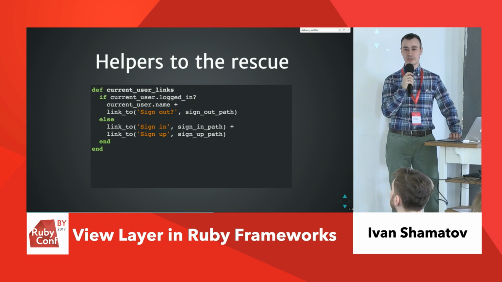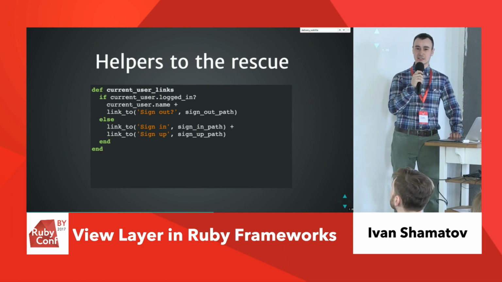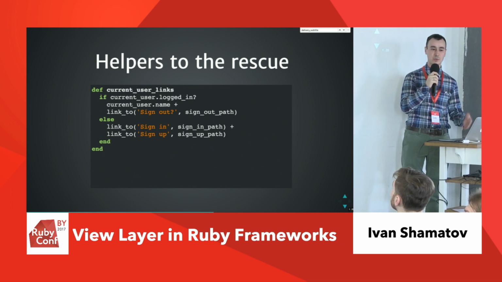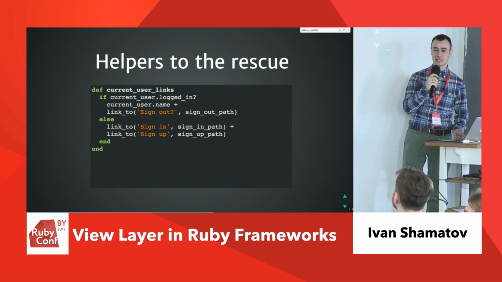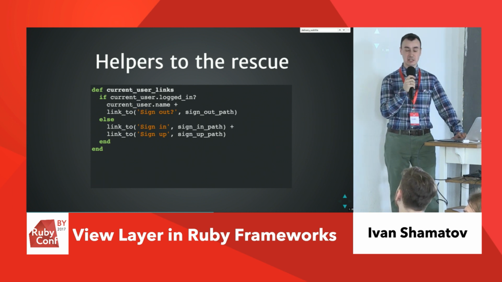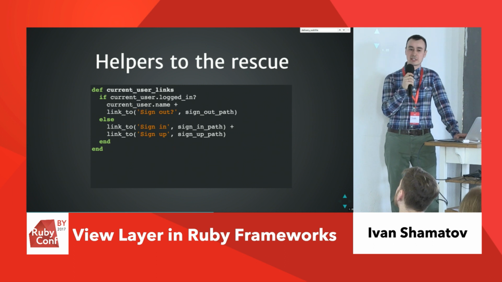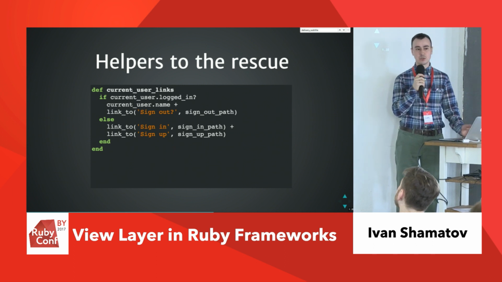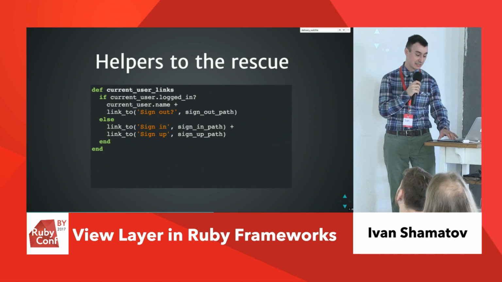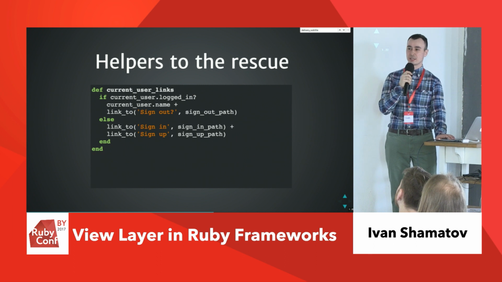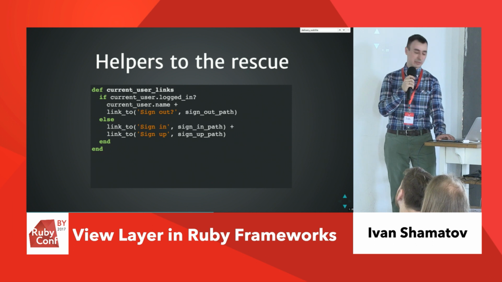You start to move everything into helpers, and you make more and more helpers that share a global namespace, and it's really easy to redefine your helpers. So what's the problem then? You start using helpers inside helpers and helpers inside helpers and so on. And you understand that you are trying to create some kind of DSL that's really hard to debug.